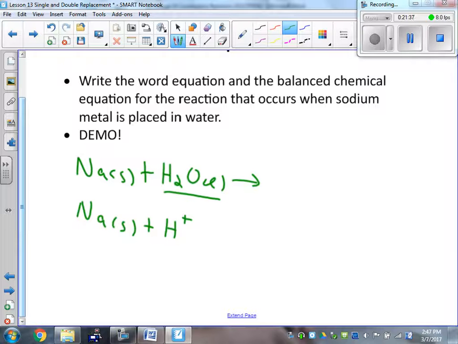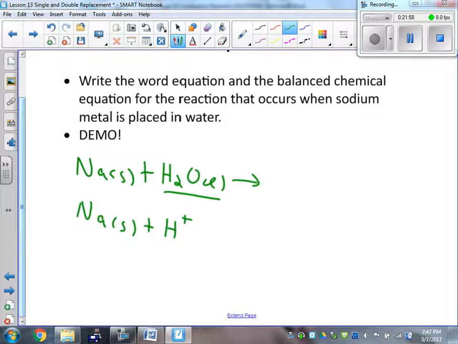If I said H+ to you, you should tell me what that is. Yes, that is the metal part. What is H+? We studied this already, guys. H+ is actually a property of what?